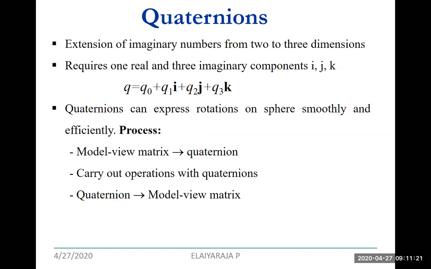Take any object, perform the model view matrix, then perform quaternion operations. After you perform the quaternion operation with respect to rotation, you bring it back to the model view matrix.